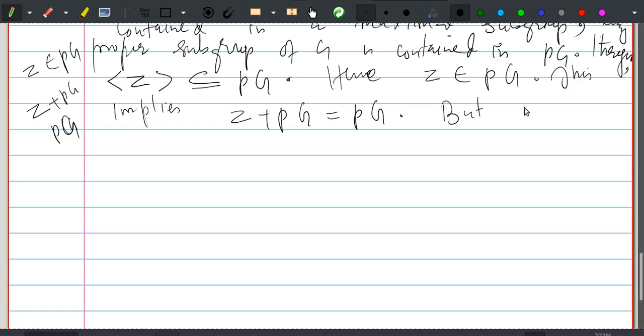But we have assumed that this G mod PG is generated by A plus PG.